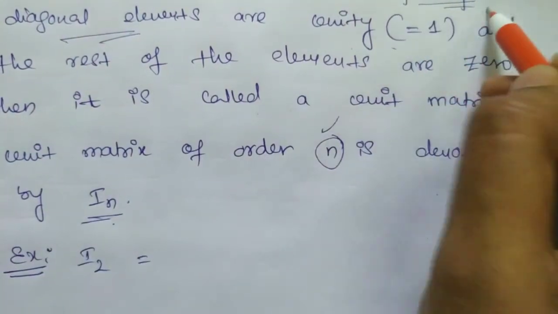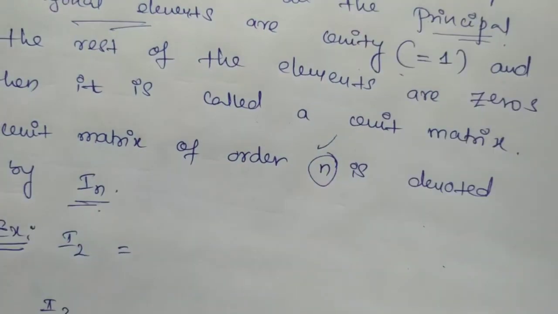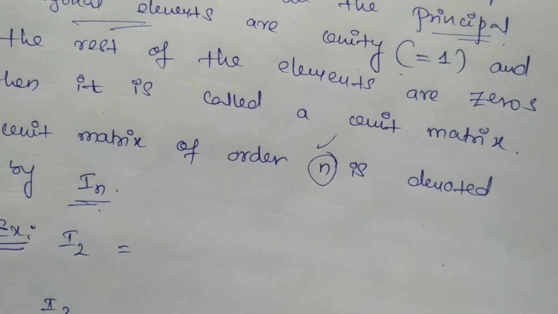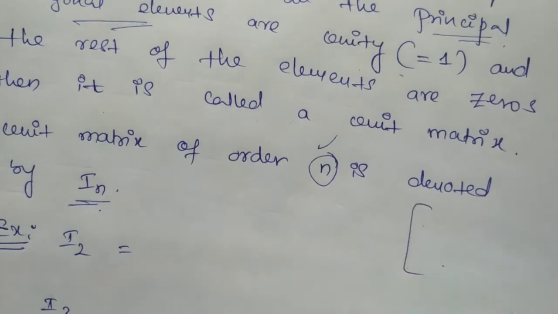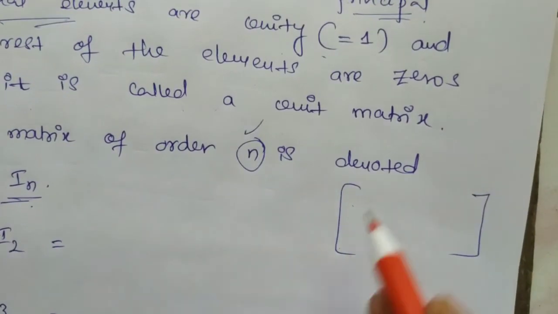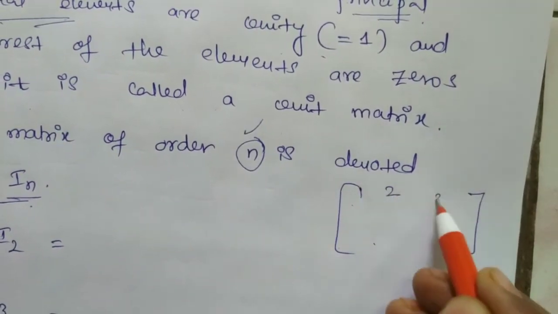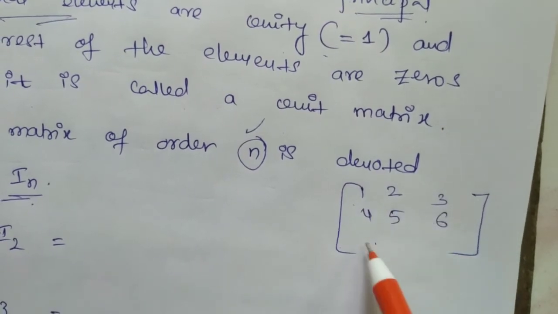Principal diagonal, that is, in a square matrix the elements from the top left to the bottom right corner is known as a principal diagonal. Here I am taking one example. Square matrix: 1, 2, 3, 4, 5, 6, 7, 8, 9.